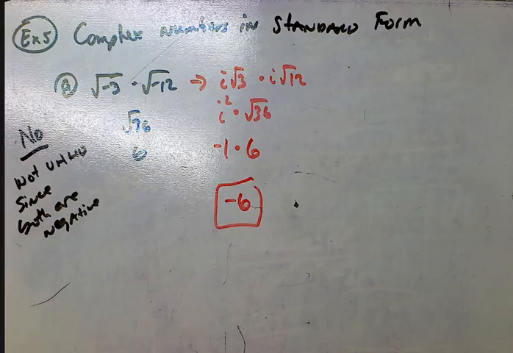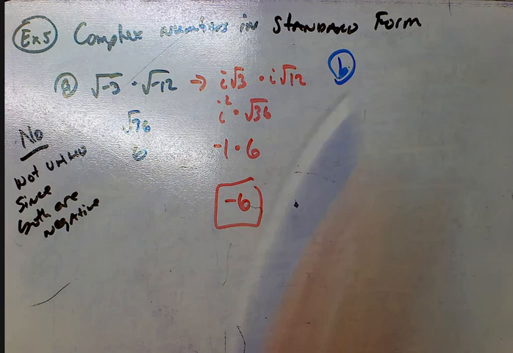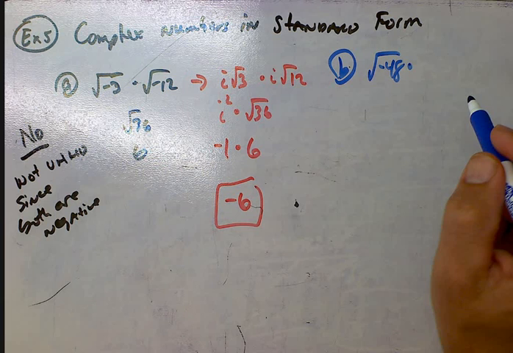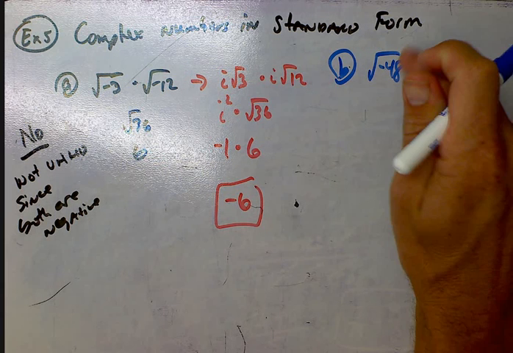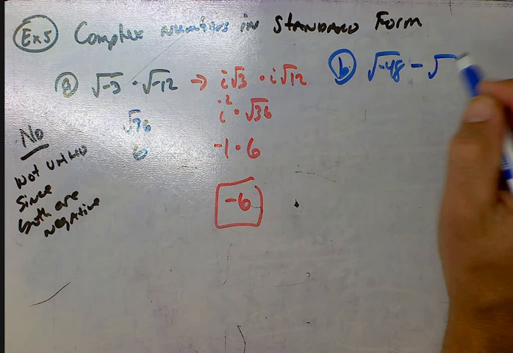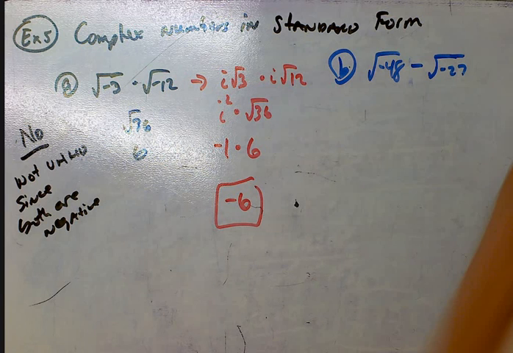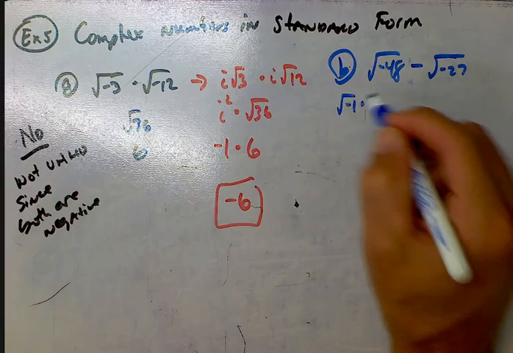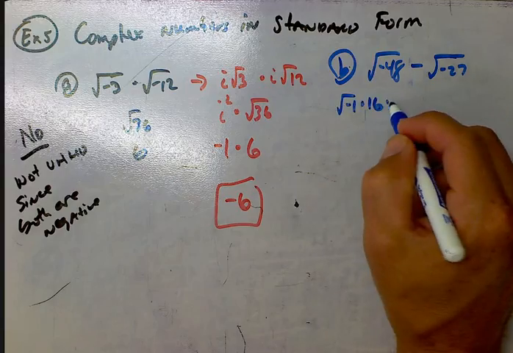Okay, moving on to example B. It's square root of -48 minus square root of -27. Well, first thing we've got to do is see if there are any perfect squares in 48. So it's going to be square root of -1 times square root of 16 times square root of 3.